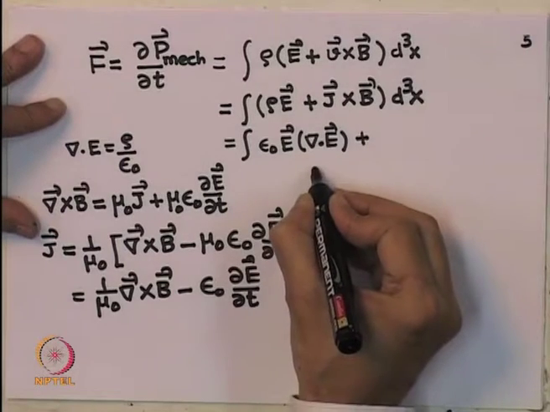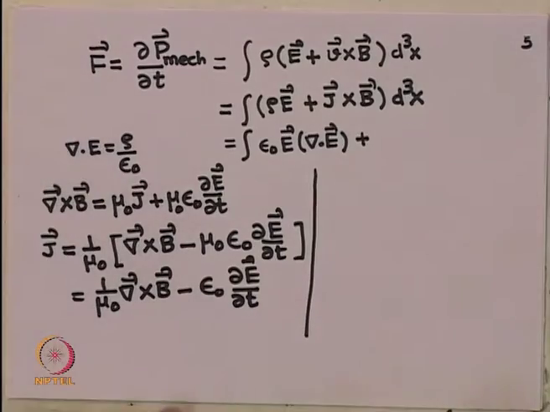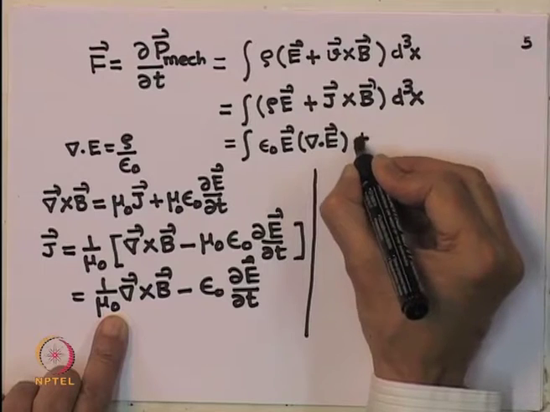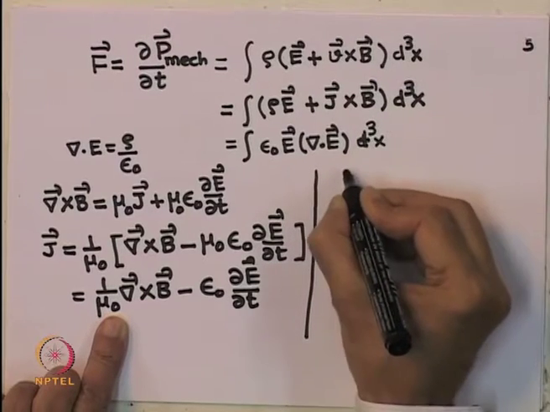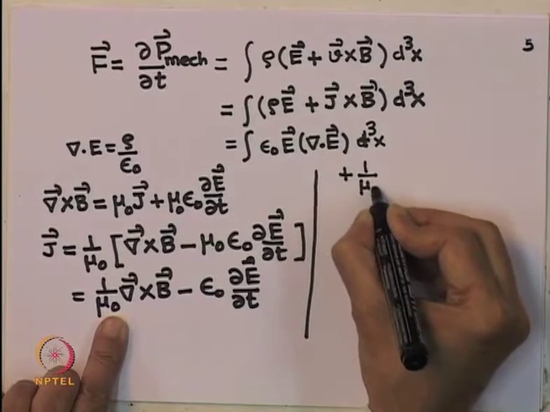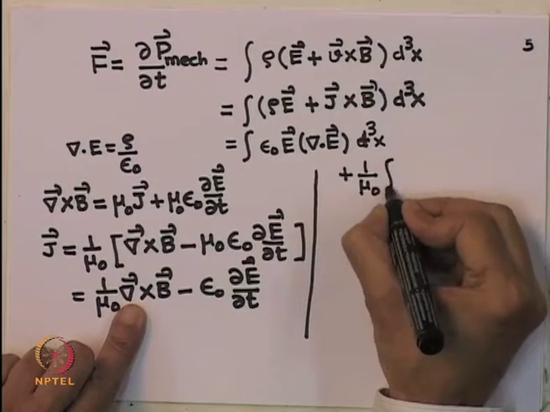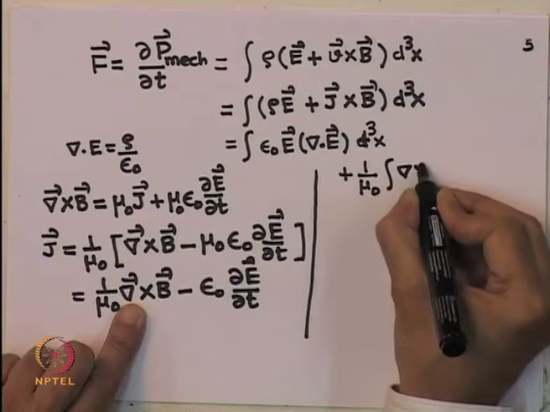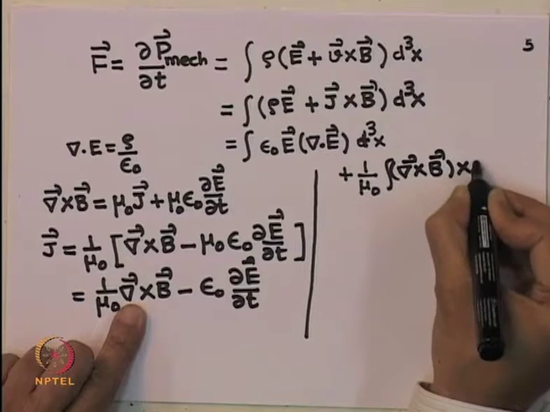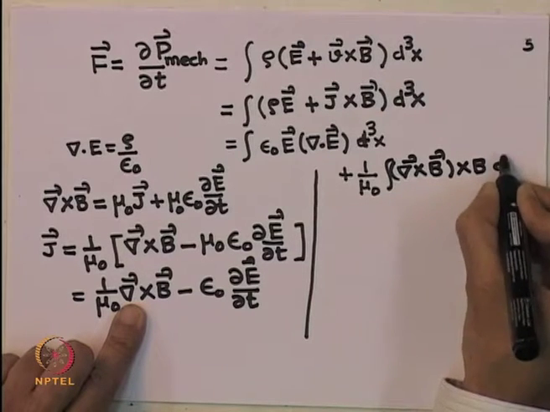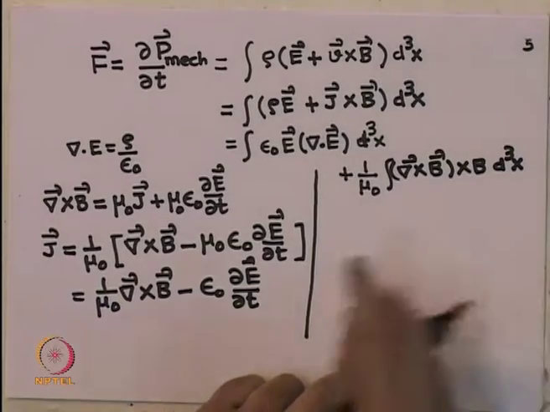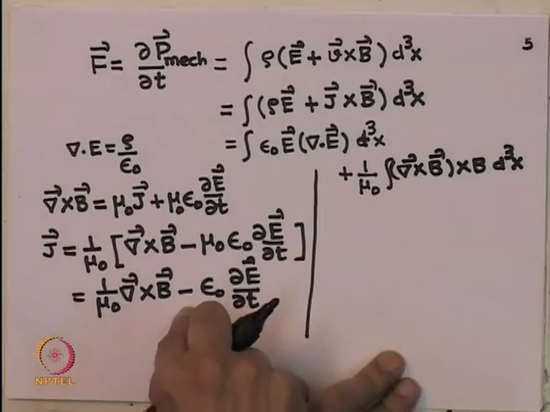So, for this J I am going to write this. Let me write it as two different integrals. So, this is d cube x plus 1 over mu 0 integral del cross B d cube x, and I have a minus epsilon 0 there.